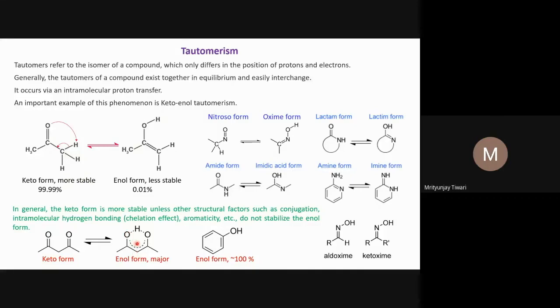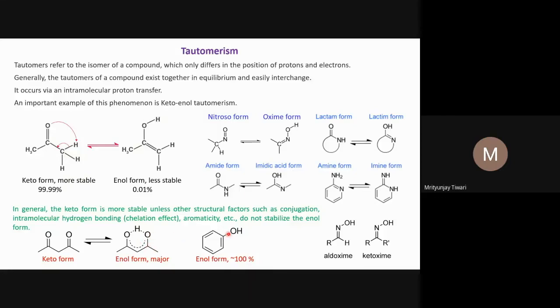So sometimes it will be attached to this, sometimes to this, and this interconversion will keep happening. The structure of the overall hybrid is shown in this way. So this is the enol form, and the enol form in this case is the major form. Why is it the major form? Because of this chelation effect, or the intramolecular hydrogen bonding effect.